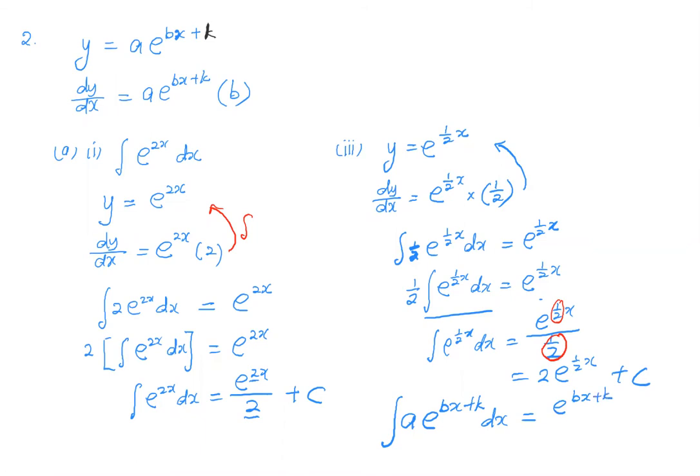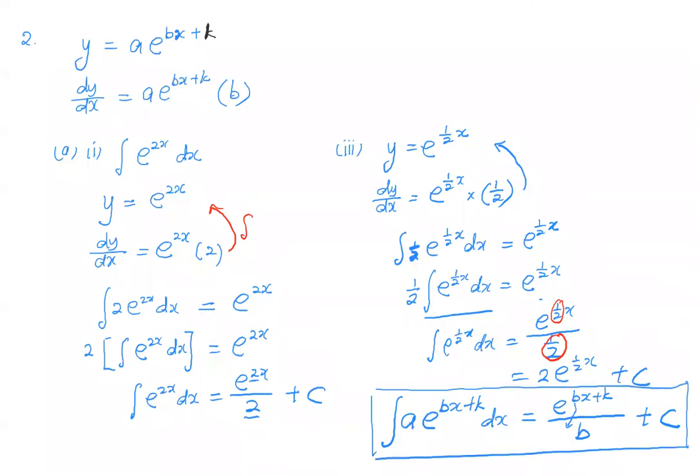Then I have to divide by what? B, coefficient of x. See or not? So this is another formula you and me must remember. But bear in mind, this formula can only be used if here is linear.